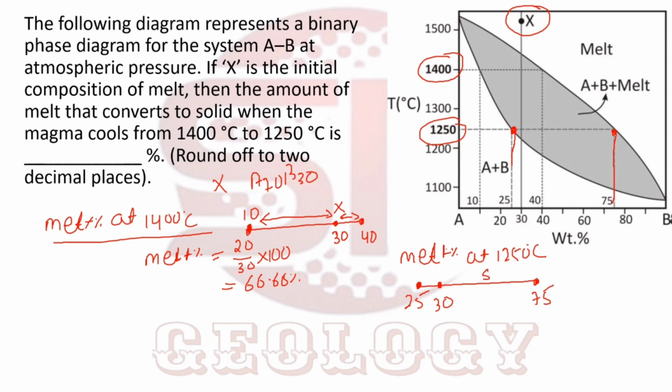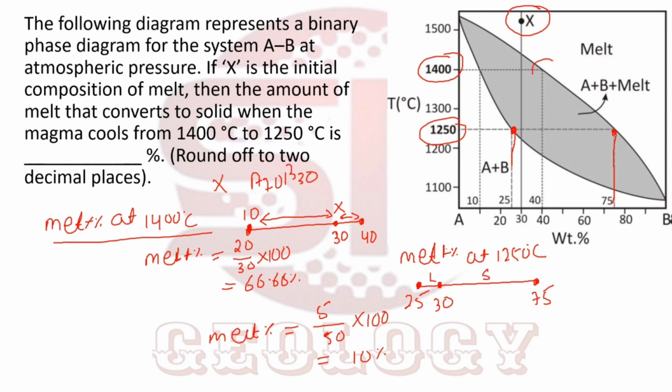So this will be the solid segment, this is the liquid segment. So the melt percentage will be 5 by 25 minus 75, it will be 50, into 100. So it will be 10%.